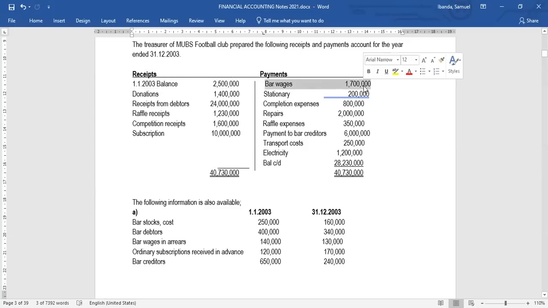In that case, that will be a bank overdraft, and you would consider it as part of your liabilities and not your assets. In this case, we don't have any liability coming from the receipts and payments. There's no bank overdraft. So that is what we basically have, and we shall go ahead to add them up.